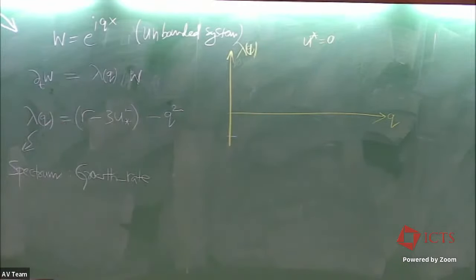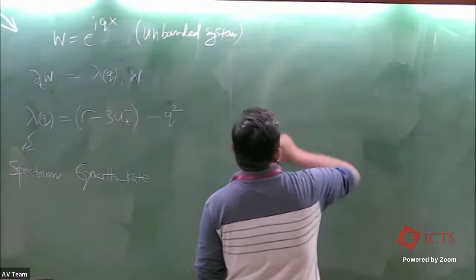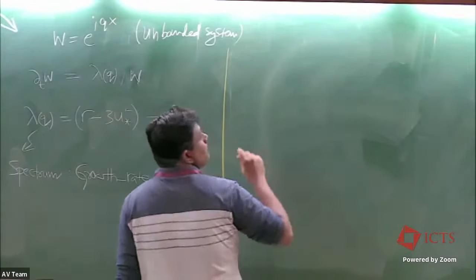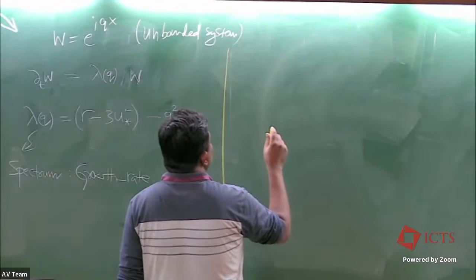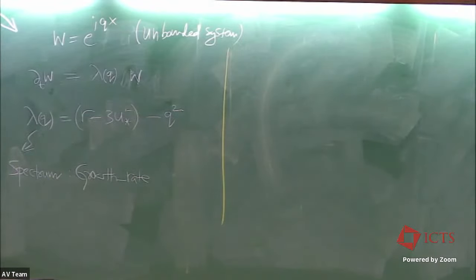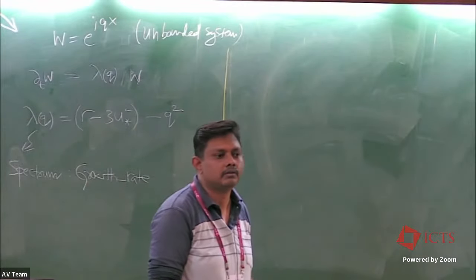So the IT people are not following. I think they need to move the camera maybe. Now we can see you, but it's a small portion of the board. Am I visible now? No. So this right side is visible basically. So where you are writing, it's okay.